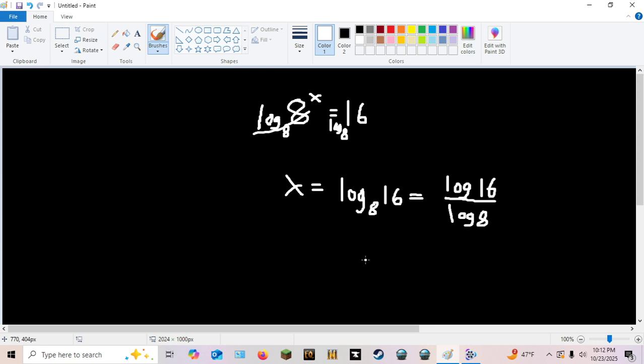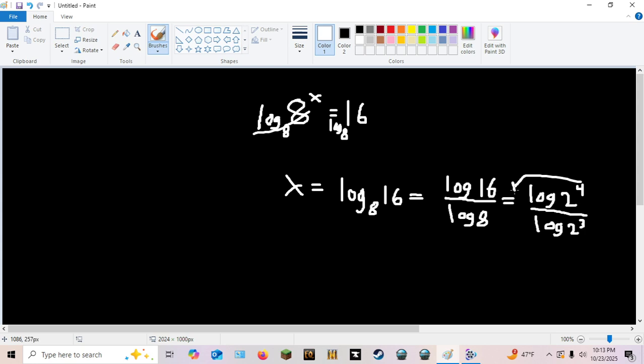Now, what is the common base of 16 and 8? The common base of 16 and 8 is 2. We're not looking for 16 divided by 8. We're looking for the common base between 16 and 8, which is 2. So we can write 16 as 2 raised to the 4th power, and we can write 8 as 2 cubed.